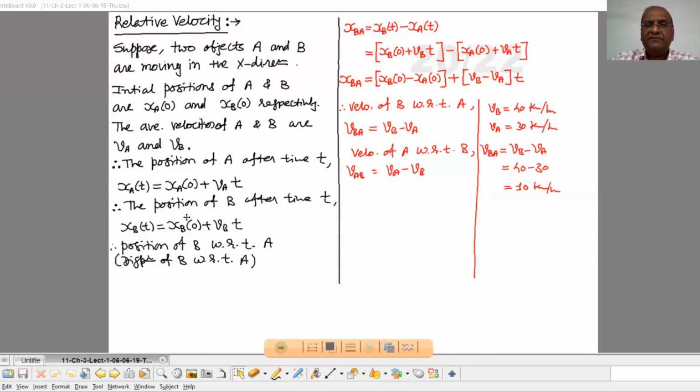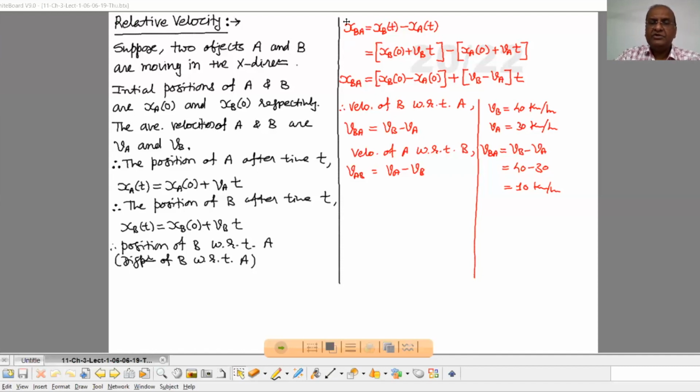Similarly, we can write the equation for the position of object B after time t, that is xb(t) = xb0 + Vb t. Now, if we want to find the position of B with respect to A, then we have to take xb minus xa.